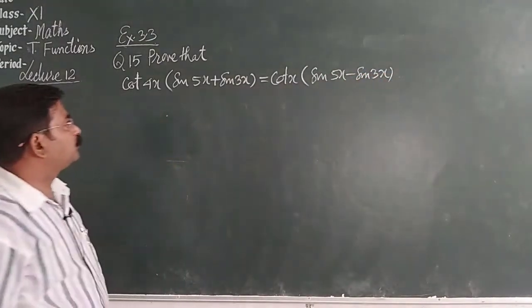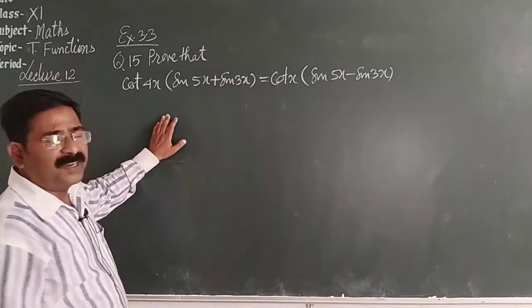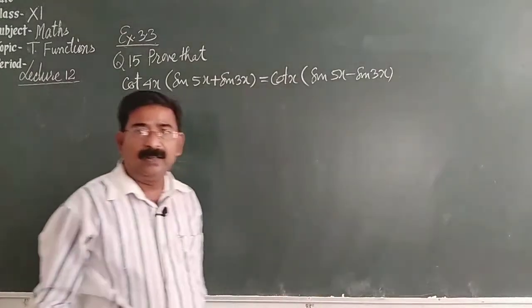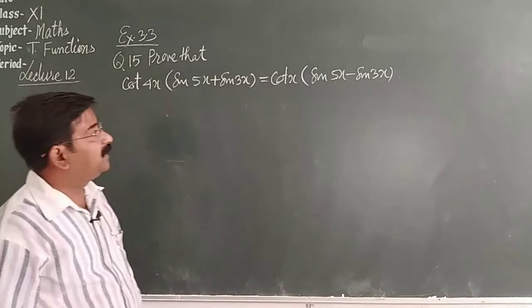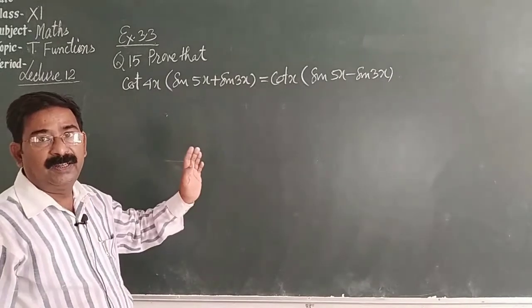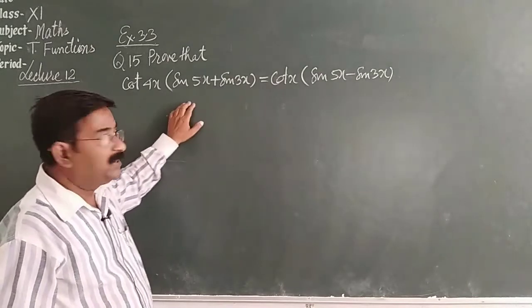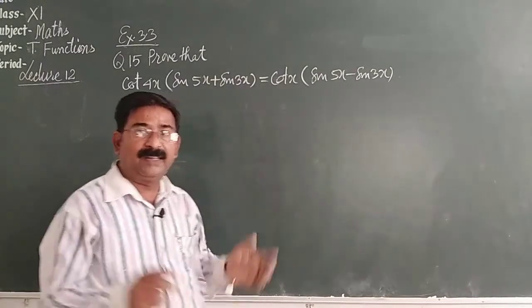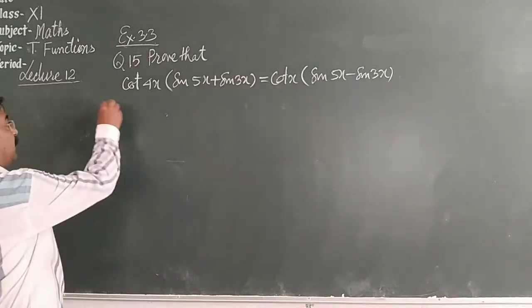So some questions can be solved directly. Taking left hand side, we can bring right hand side. But in some questions, we need to take the help of both sides. Means first take left hand side and solve up to some extent, and take right hand side, bring that much from right side, and left hand side equal to right hand side. See, I am solving.